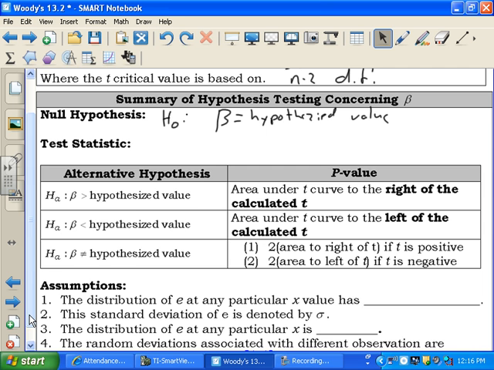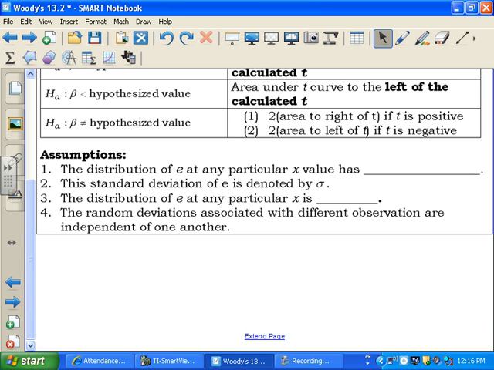Does everybody understand what I'm talking about there? Okay. All right, assumptions. At this point, you probably know them. I'm not super concerned with the front two. The bottom two are the ones I'm more concerned about. Distribution of E at any particular x value, that's the error, has a mean of 0. Again, I'm not super concerned about that one.